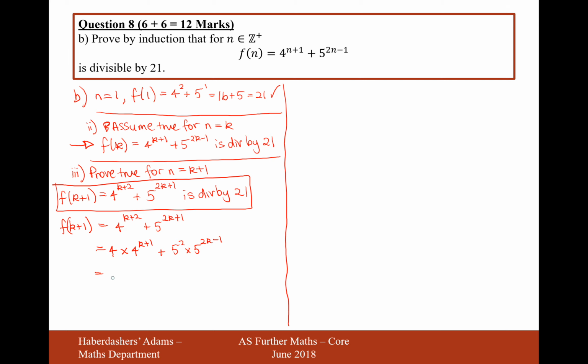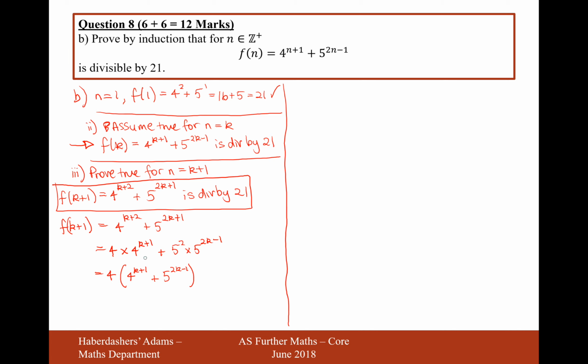Let's now factorise. So it's going to be 4 brackets 4 to the k plus 1, okay, and then 5 to the power of 2k minus 1. Okay, now what you're probably thinking is that the second line here is clearly not equal to the third line. If I expand, I've got 4 times 4 to the k plus 1.